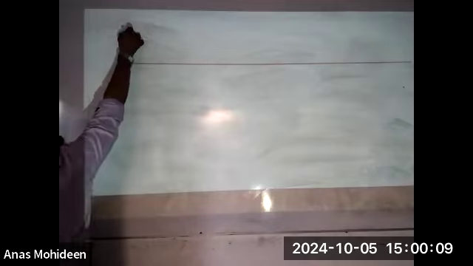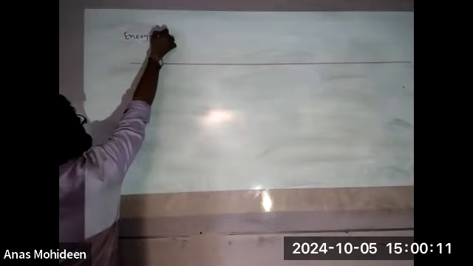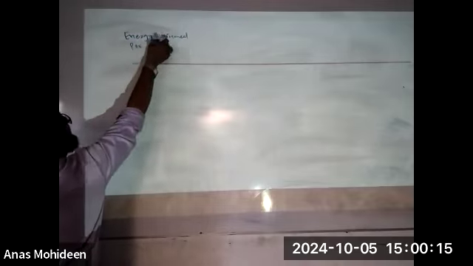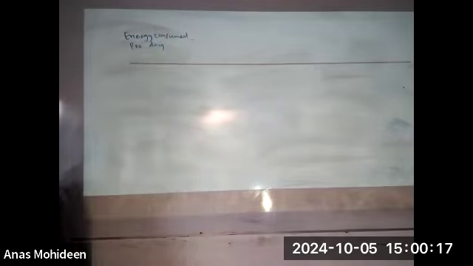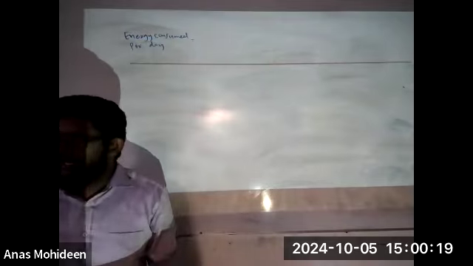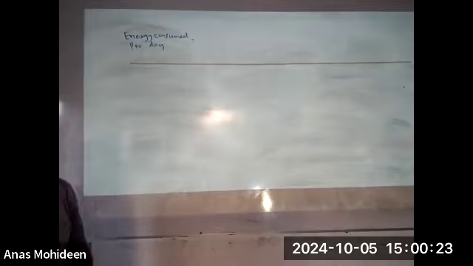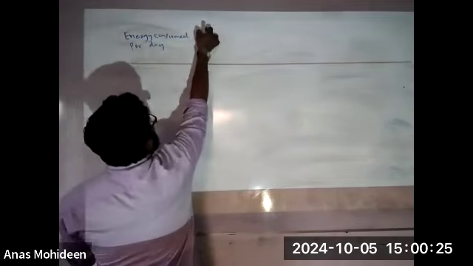So, energy consumed per day. I'm finding it out for a day, and we have to find this in kilowatt hours because it's commercial. How do we find it in kilowatt hours? 1500 watts are given.